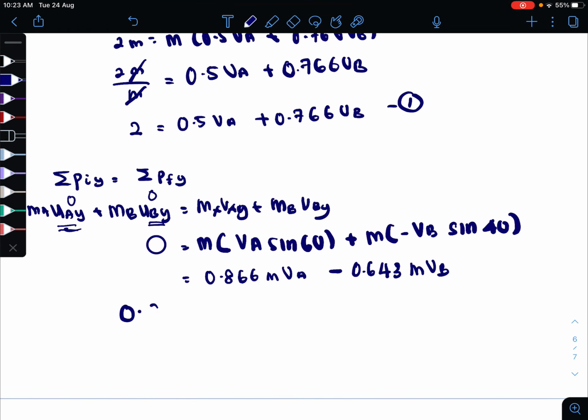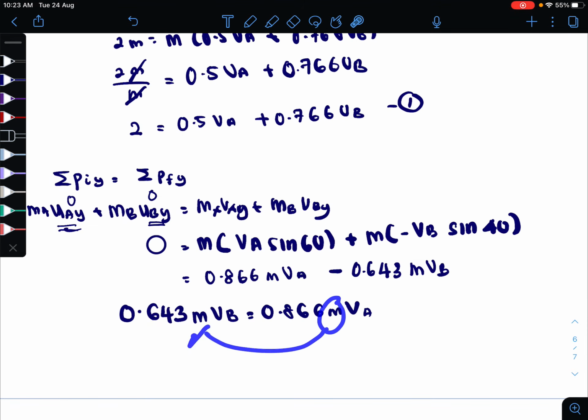So I'm going to bring this 0.643 negatif bawa ke kiri jadi positif. M VB is equal to 0.866 M VA. What is common kiri kanan adalah M dekat sini. So I'm going to bring the M daripada kanan sini ke sini. Dan saya akan bahagi. So we're going to cancel them actually. So you will end up with this one here.